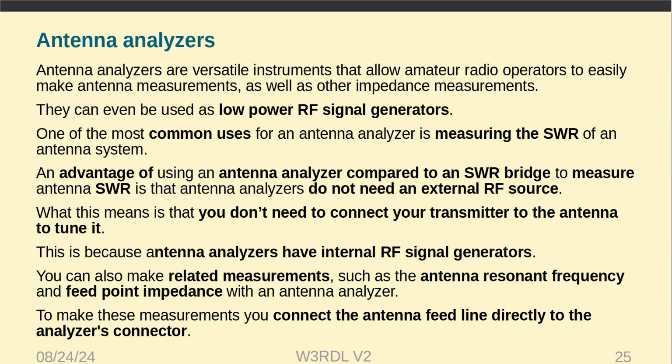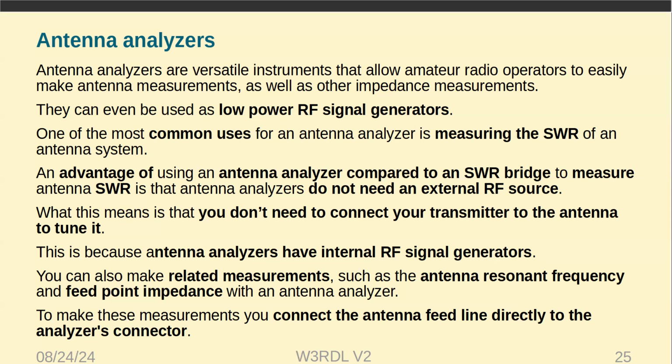This is called a tiny spectrum analyzer. It's tiny, but it works. And this can be used as an antenna analyzer. It's called a nano VNA, but it's more of a vector network analyzer.